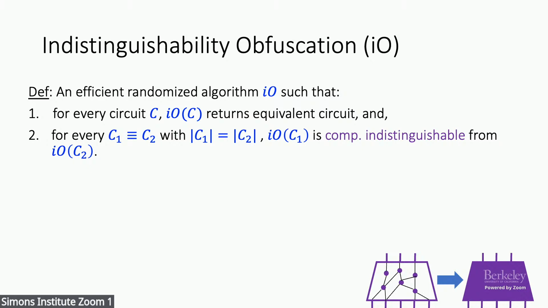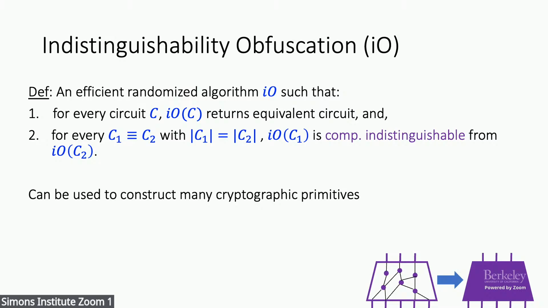And I do not need to define obfuscation in this workshop, because this is a workshop on obfuscation, but I will just say that obfuscation for me is a procedure that takes a circuit and outputs a new circuit that hides the internal implementation of the original circuit.